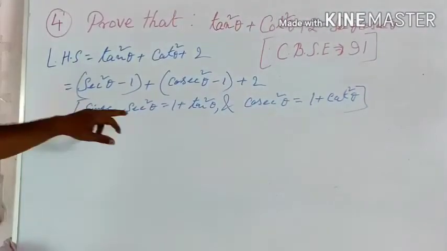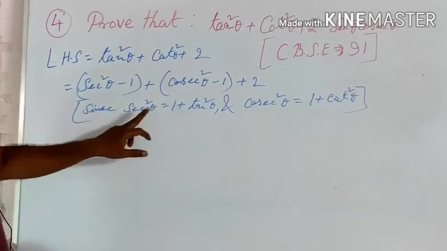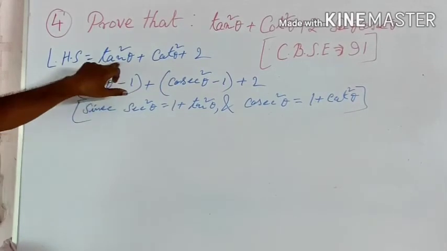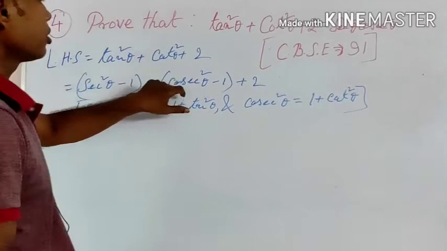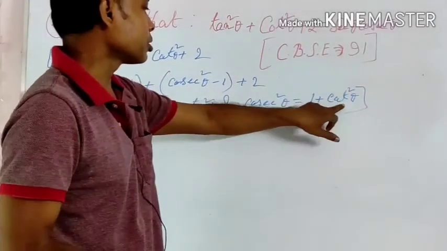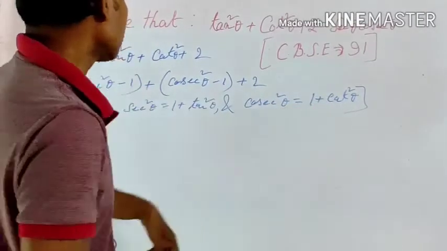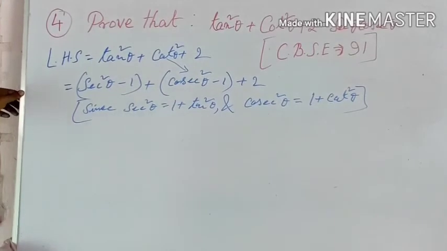Here sec square theta is equal to 1 plus tan square theta, so sec square theta minus 1 is equal to tan square theta. In place of tan square theta we replace sec square theta minus 1. Similarly, cosec square theta minus 1 is equal to cot square theta, so in place of cot square theta we replace cosec square theta minus 1.